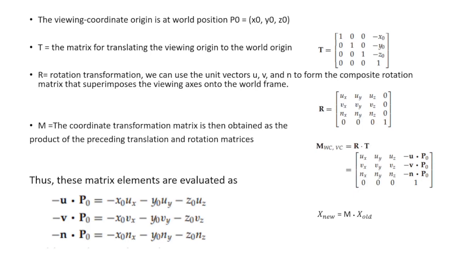After that we can get the matrix elements like these three functions: minus U dot P0 equals this one. After we get the matrix, we can multiply it by the old coordinates, and we will get the new coordinates, and the conversion is complete.